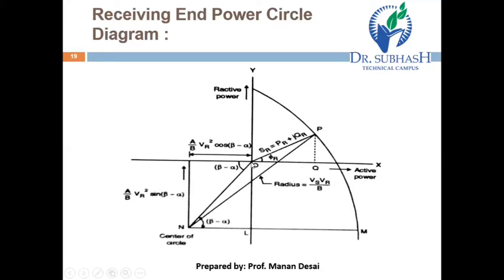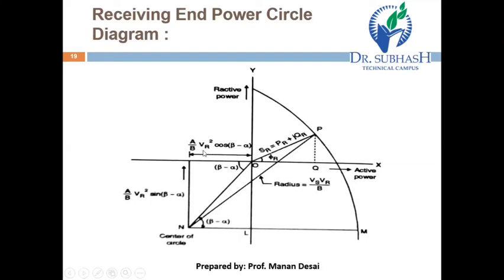The line from the origin O intersects the point P, which represents the power SR equal to PR plus jQR. PQ is the reactive power, and this is the active power, OQ. This power is on the Y coordinate.